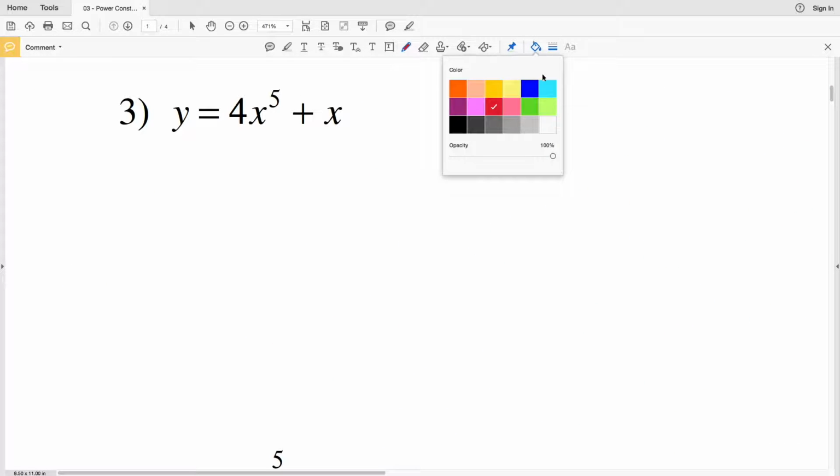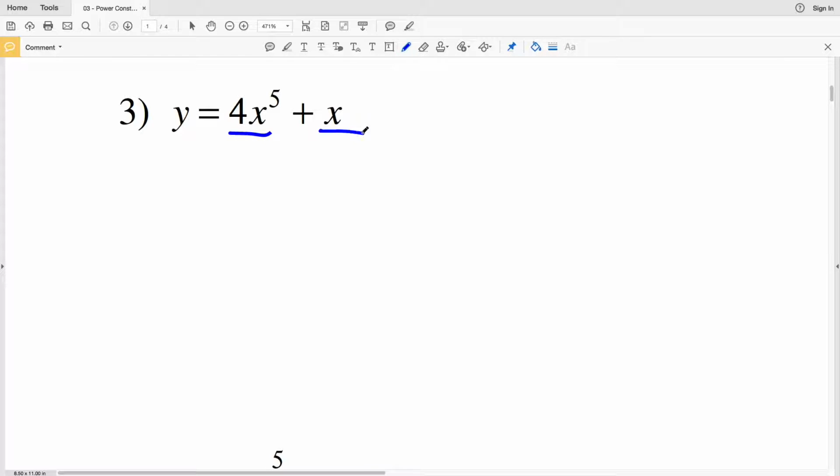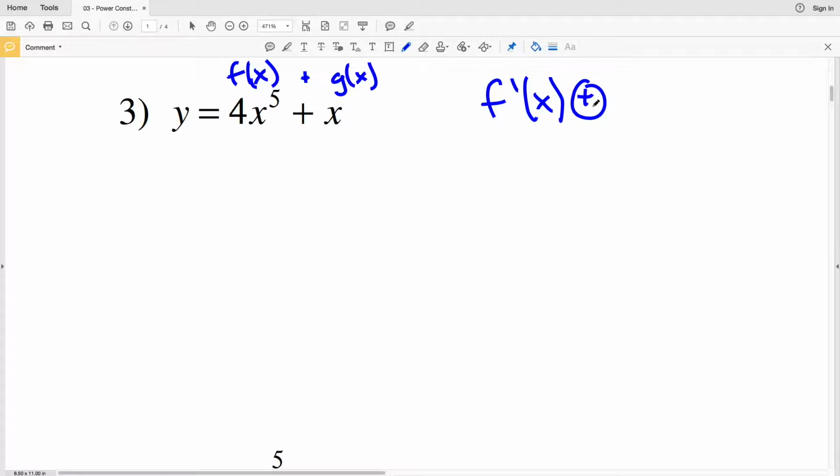In number 3, we have that y equals 4x to the 5th plus x. So we can think of this as f of x plus g of x. So we're going to be using the sum rule to find the derivative, which will be the derivative of f of x plus the derivative of g of x.